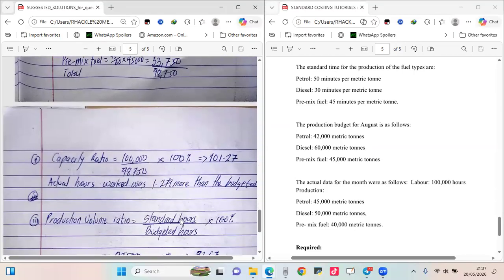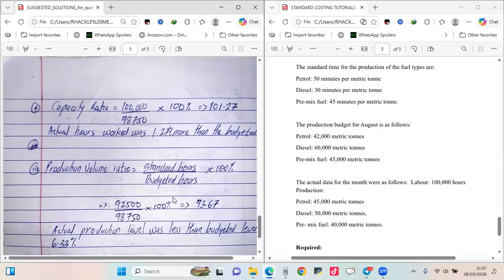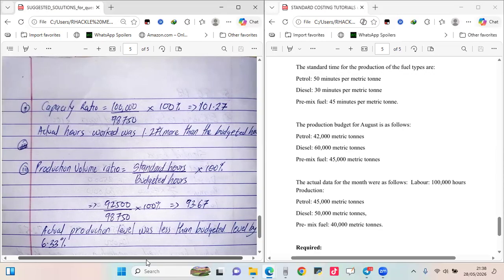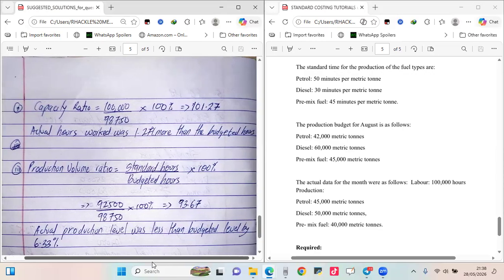So 100,000 hours over 98,750 times 100 gives 101.27%. What it is trying to say is that actual hours worked was 1.27% more than the budgeted, meaning we are not that efficient. We've used more hours. We should have used lesser hours, but we've used more hours.